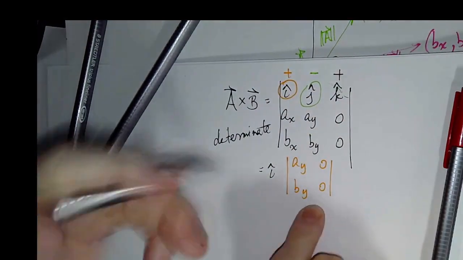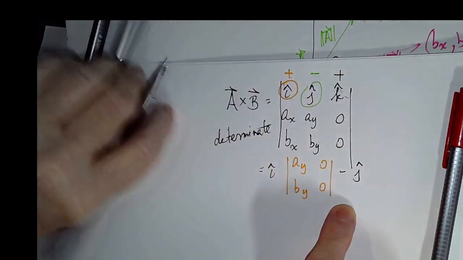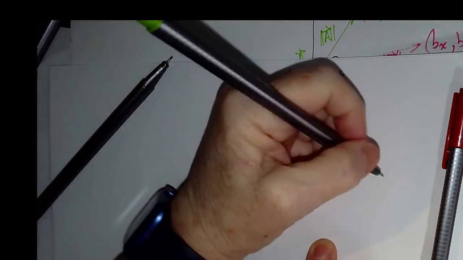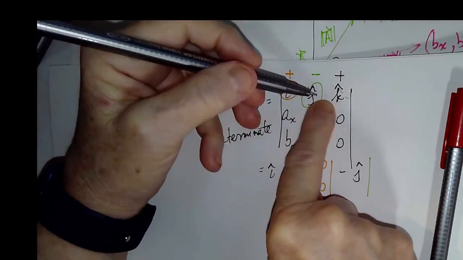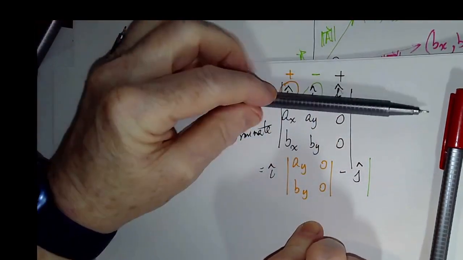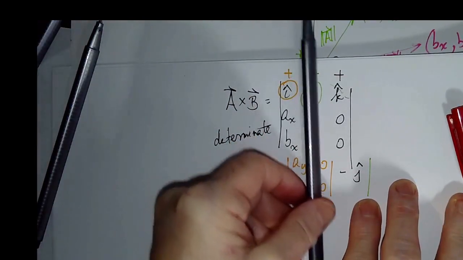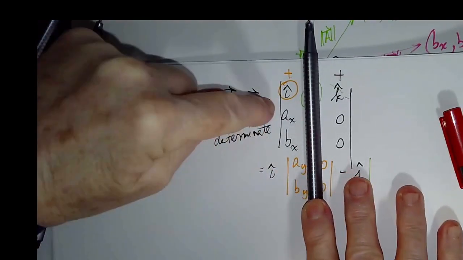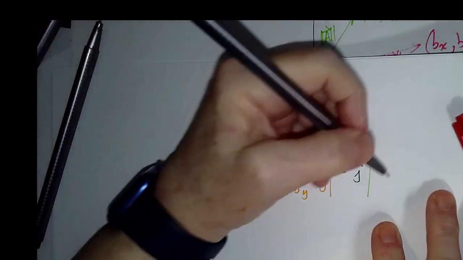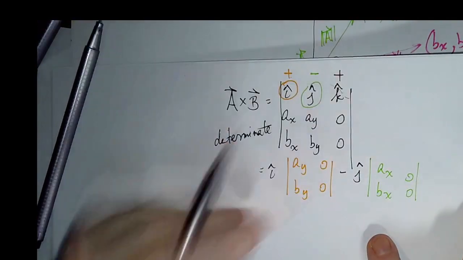So I'm going to do minus J. So the row that J is on is this first row, so that's gone. The column that J is in is this middle column, and I'm left with AX over BX 0, 0. So AX BX 0, 0.